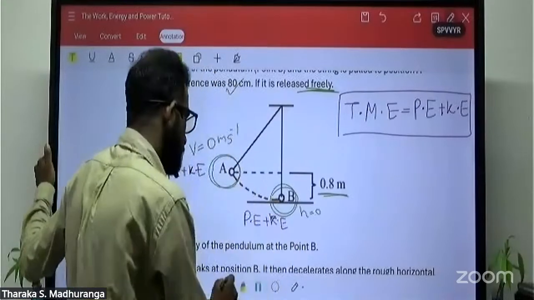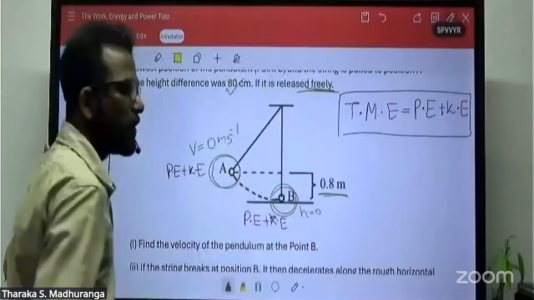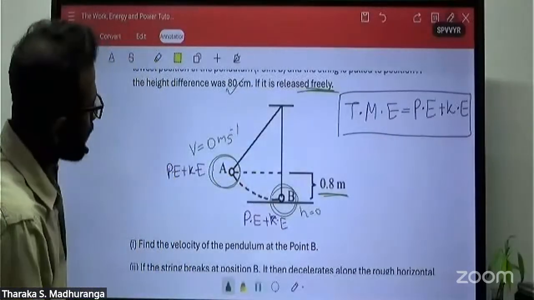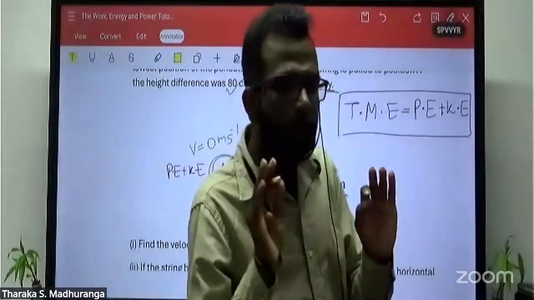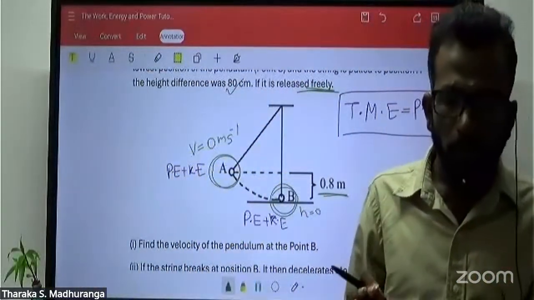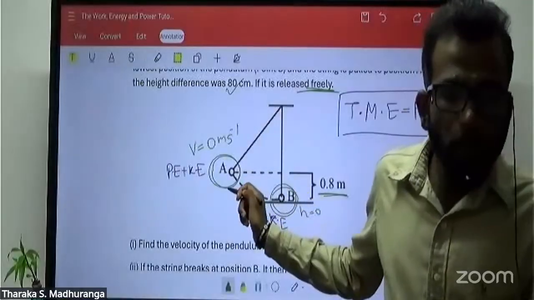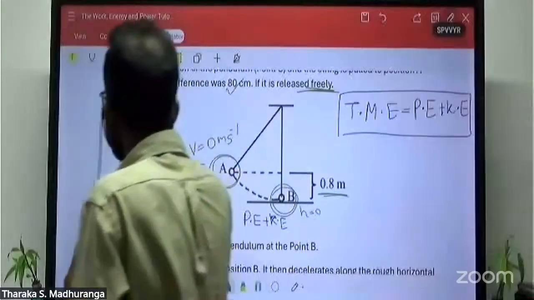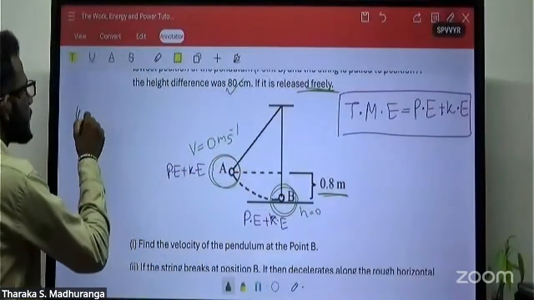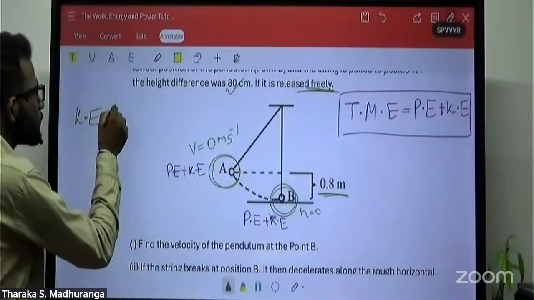Now understand. If it starts freely, the initial velocity is 0. At point A, what happens to the kinetic energy? The kinetic energy equals half mv squared.